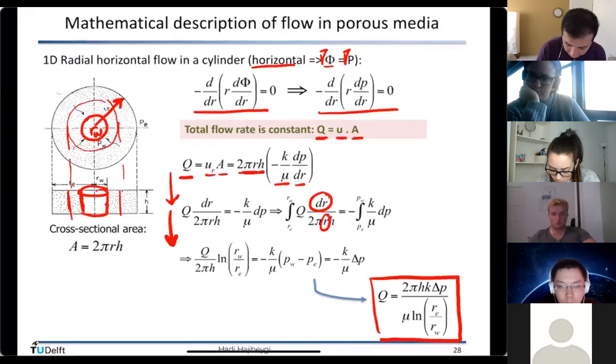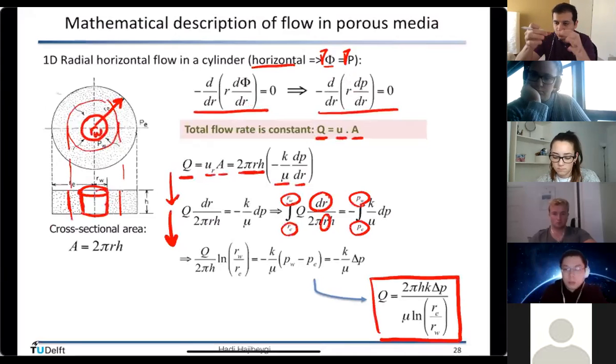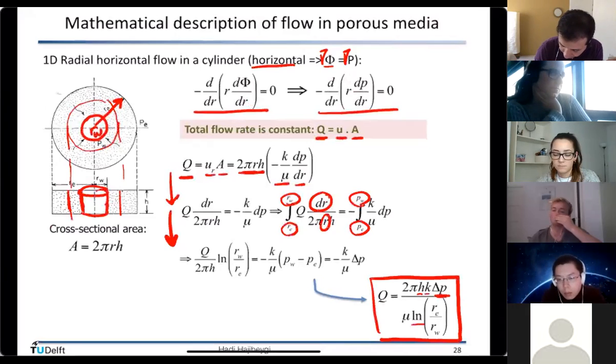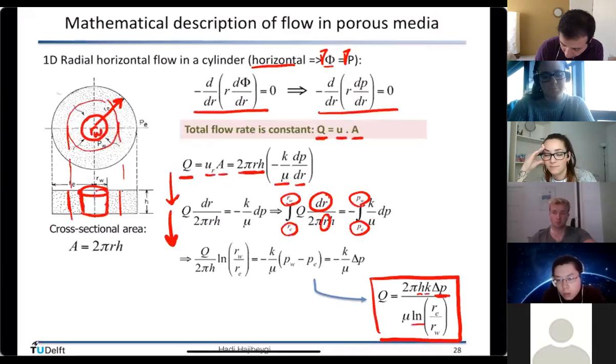You will get a formula here when you do the integration from the well bore radius to some radius far from the well. You will get the flow rate as a function of pressure drop, H, permeability, and the logarithm of the ratio of RE with respect to RW.